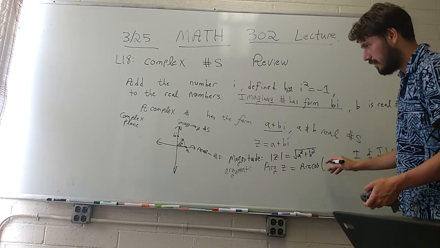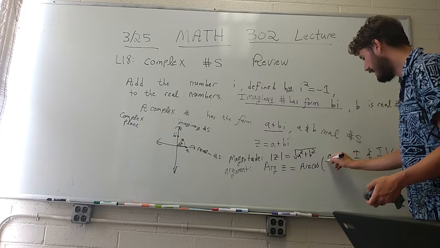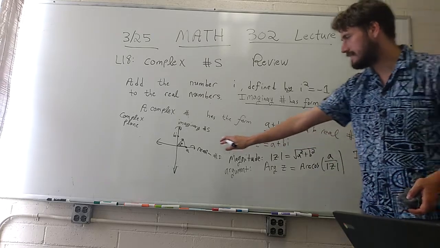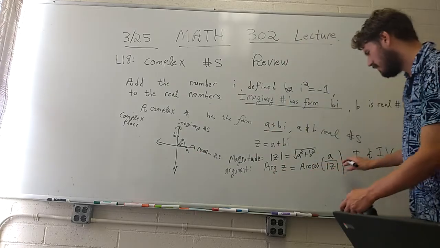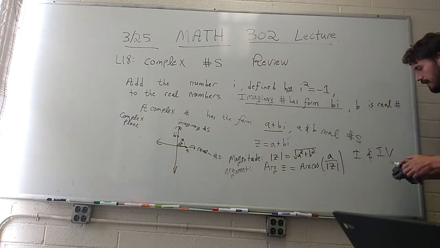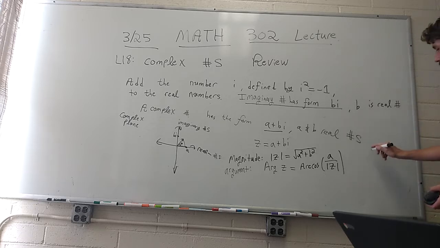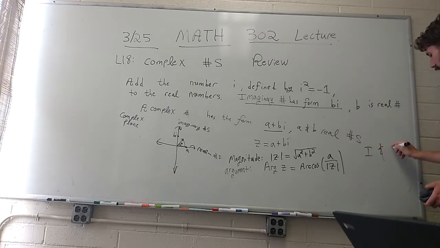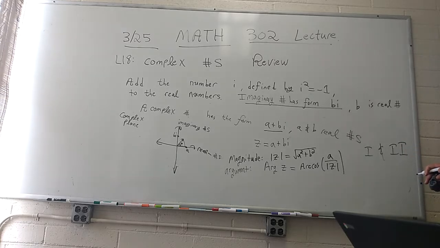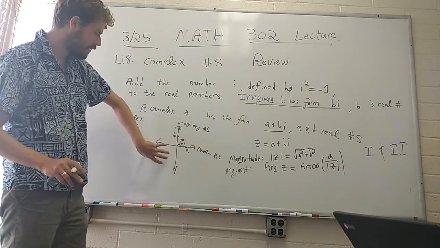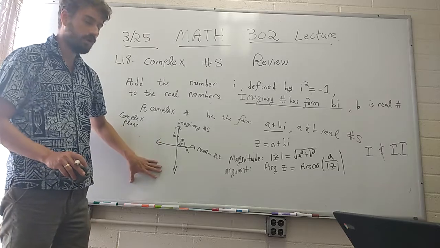For example, arccosine of a divided by the magnitude. The main point here is it's just the angle. Whether or not you want to use this depends upon the quadrant. Arccosine ranges between 0 and pi, so that covers the first and second quadrants, and then maybe we have to use something like arcsine, or arcsine plus pi.